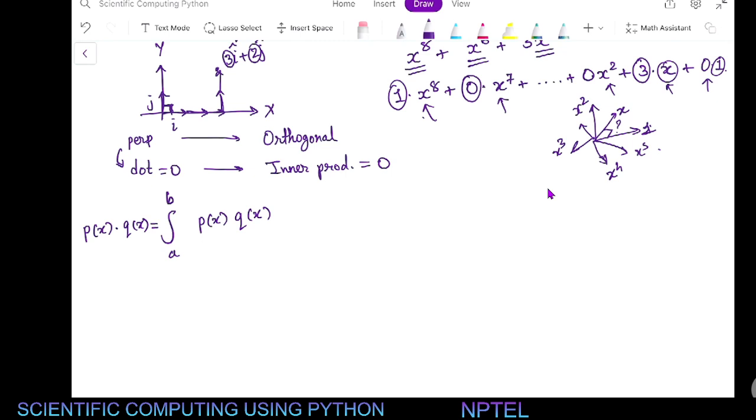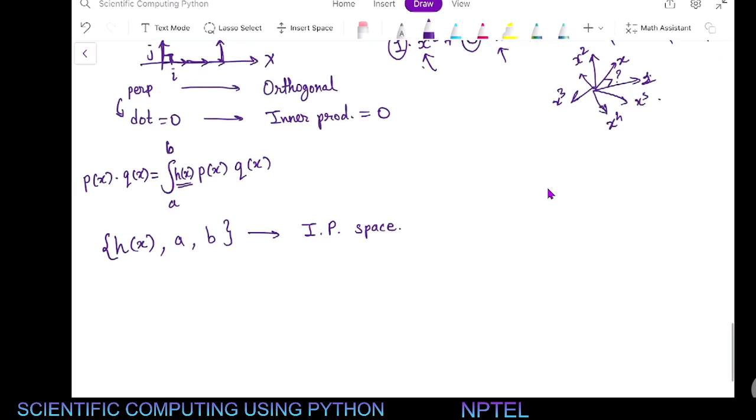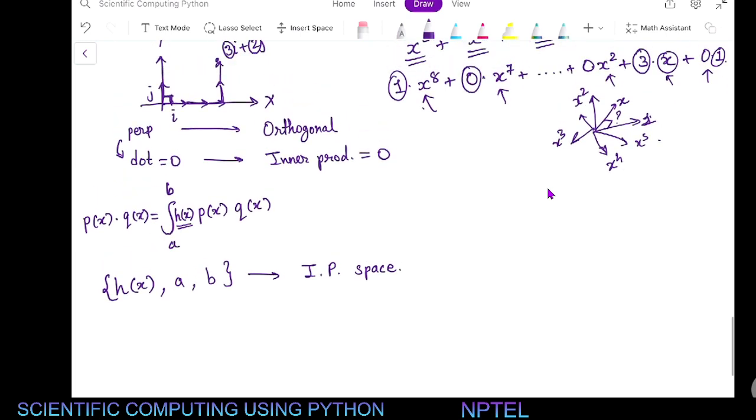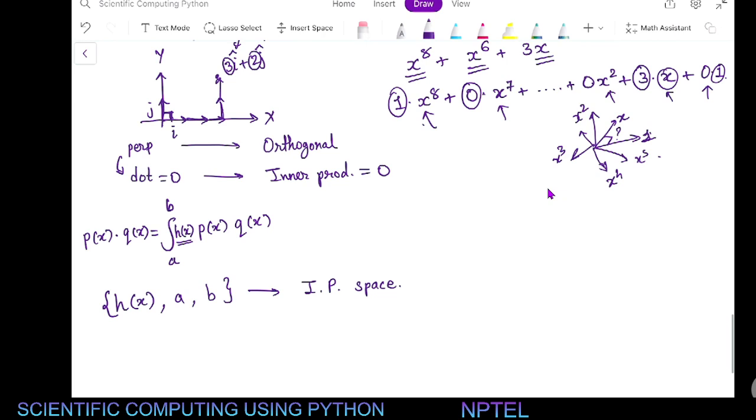Another definition could be that you have some predetermined h(x), which are the weights. Then this set of h(x), a and b will define your inner product space. And once you have the dot products, you can talk about orthogonality.